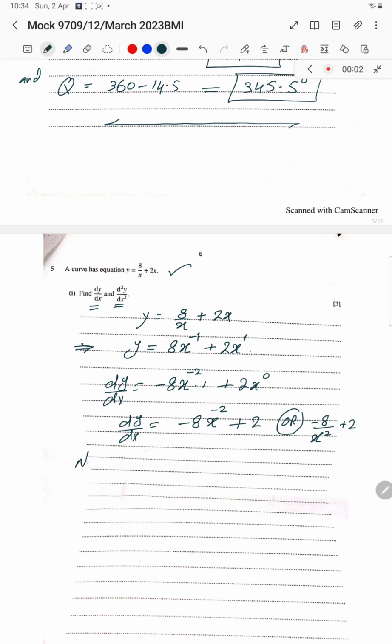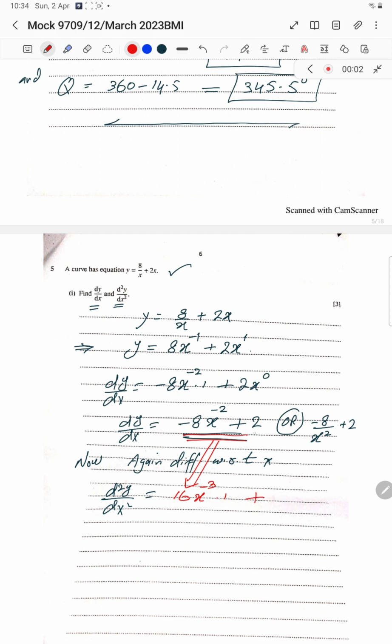Now we are going to find the second derivative. To find it, differentiate again with respect to x. So we get d2y by dx square, take this one. Again, the power multiplies the coefficient, which becomes 16, make the power one less, and the differential of x is 1.